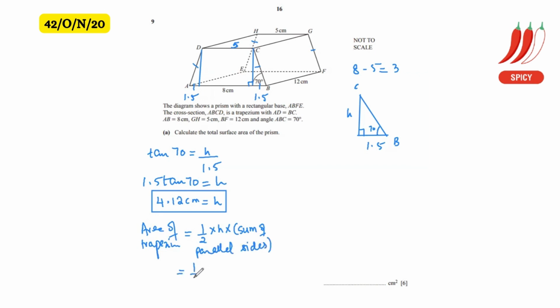So that's going to be 1/2 times 4.12 times 5 plus 8. So that's going to give us 26.78 centimeters squared. As you can see, we have two trapezium faces because it's the cross-section area.